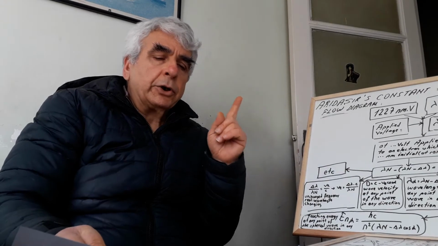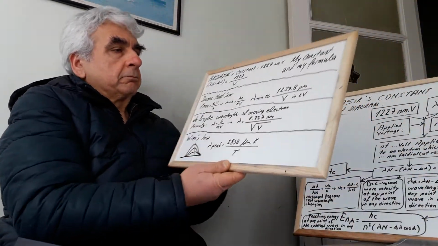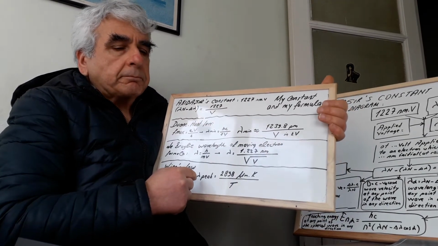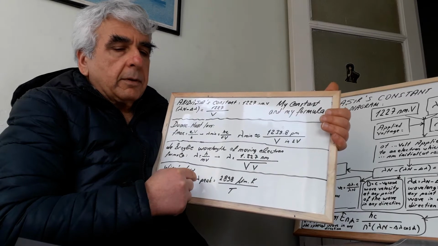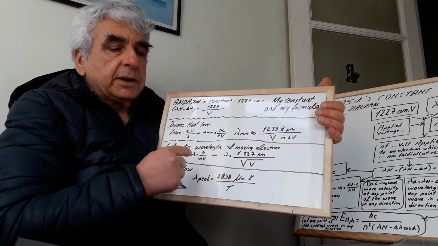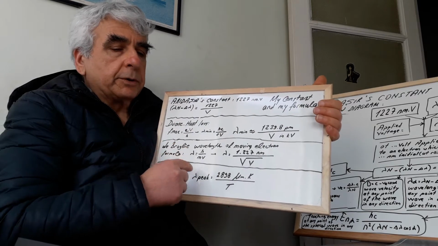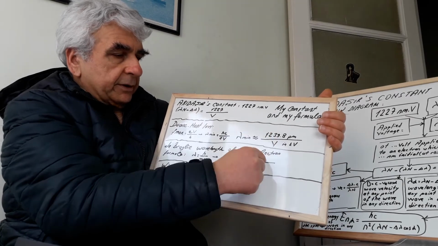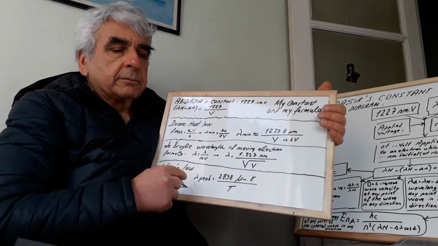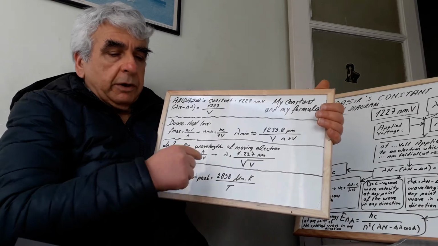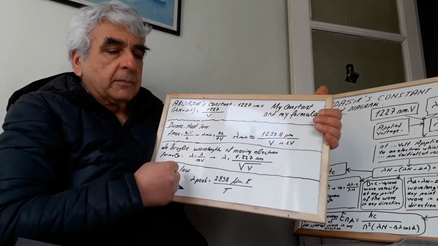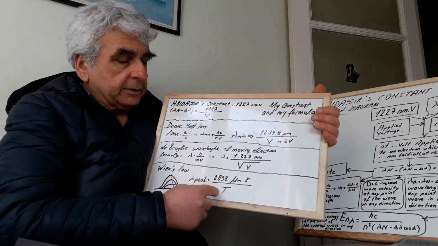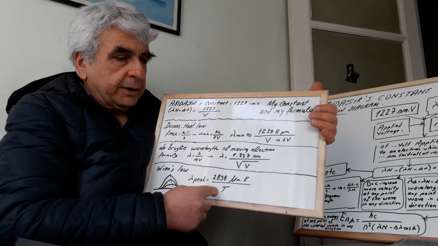One of them is the Hund law, here. It contradicts the de Broglie wavelength formula. Another one is the de Broglie wavelength formula. The last one is Wien's displacement law, and its constant.